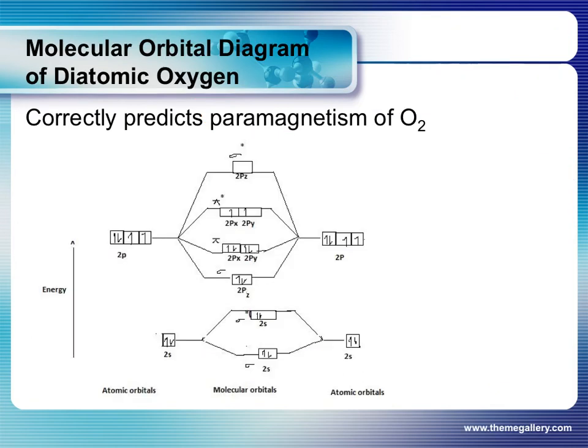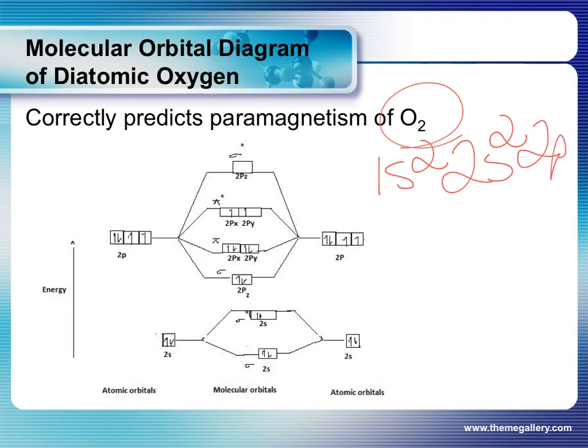So let's use a molecular orbital diagram with oxygen and see what we come up with. Well, if you were to draw the electron configuration for an oxygen atom, it'd be 1s2, 2s2, 2p4. Remember, we're only interested in the valence electrons for bonding.